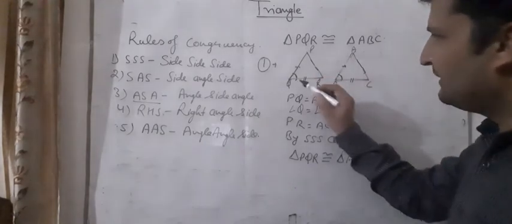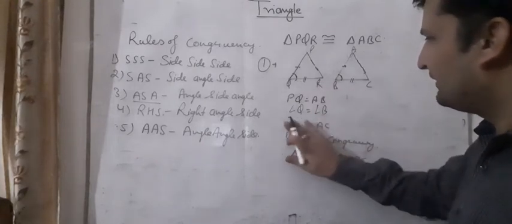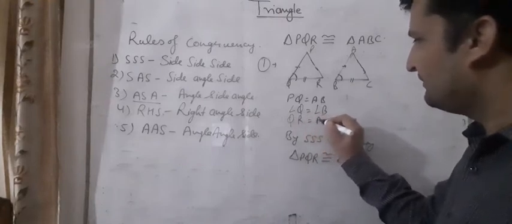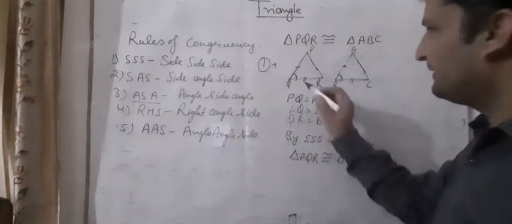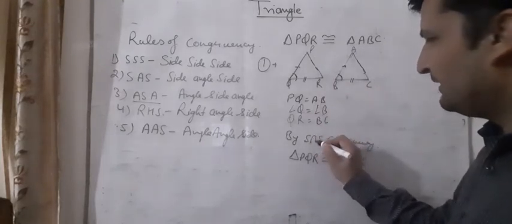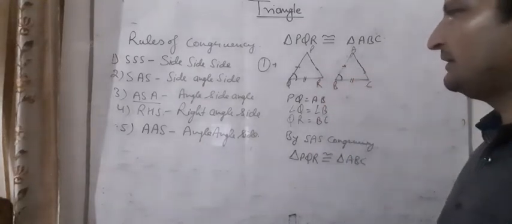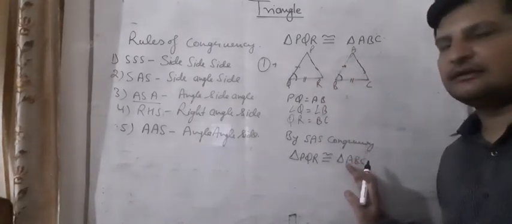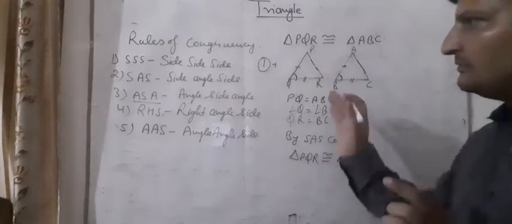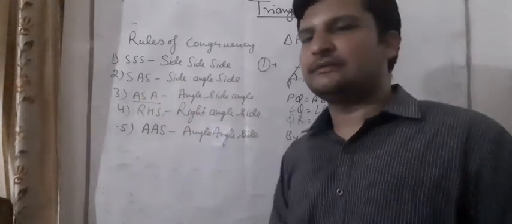PQ is equal to AB, angle Q is equal to angle B, and QR is equal to BC. Look, QR is equal to which side? BC. So it means we can use SAS congruency. We can say that these two triangles are congruent to each other. This is the side angle side property, meaning two sides and the included angle. If they are equal, we can say that the side angle side property is satisfied.